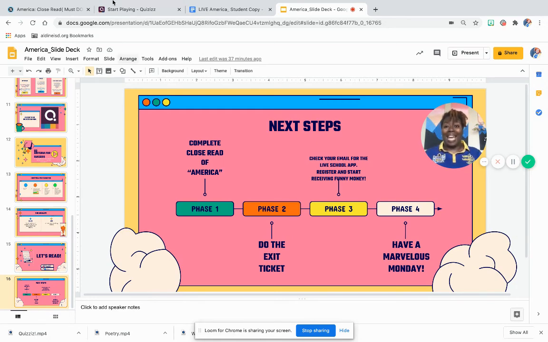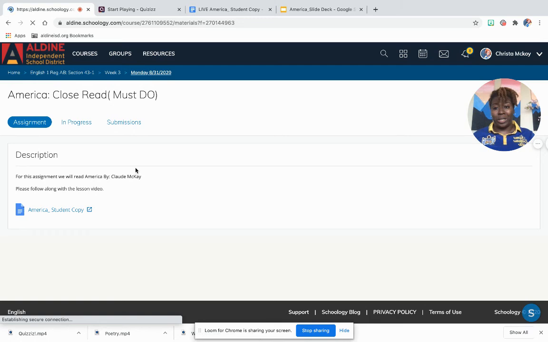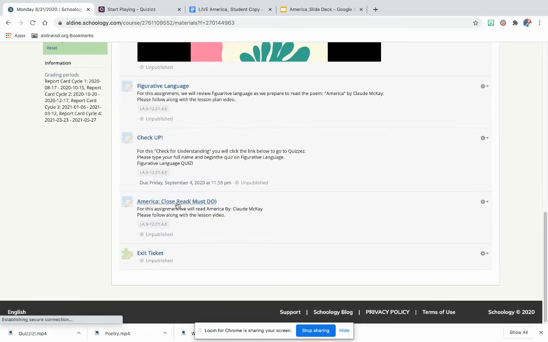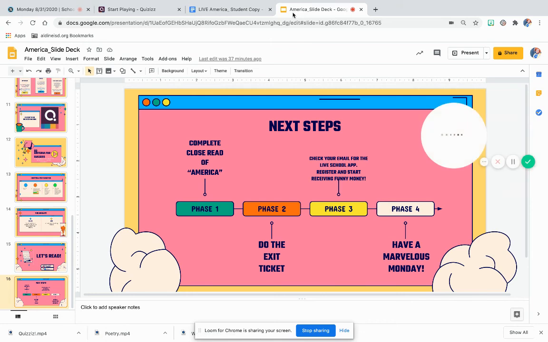You're going to do the exit ticket, which is directly under the America Close Read. The exit ticket is two questions about the poem. Then once you complete that, check your email if you haven't already.